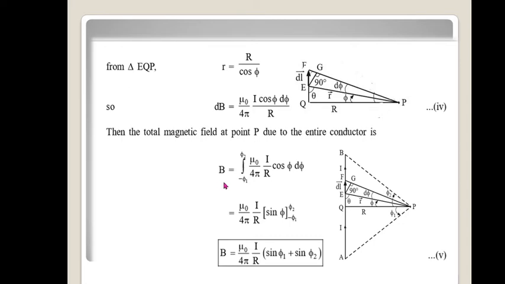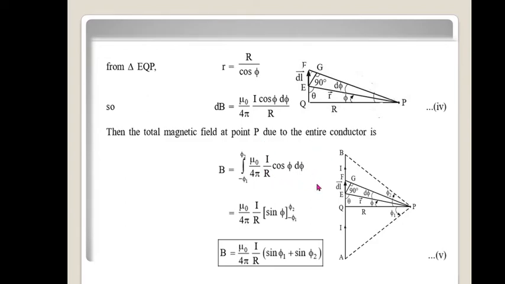So B equals, what is the limit here, minus phi 1 to phi 2. Here I considered the lower portion up to the negative point, that is minus phi 1 to phi 2, into mu naught by 4 pi I by r into cos phi d phi.